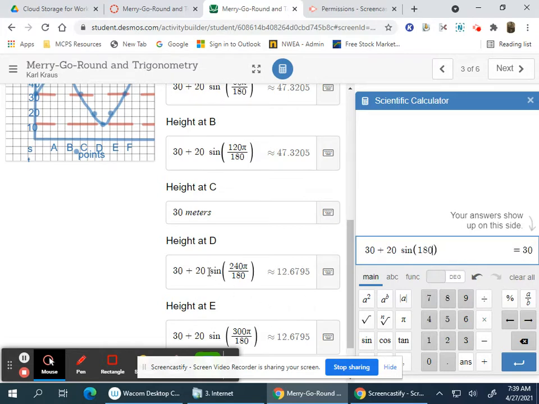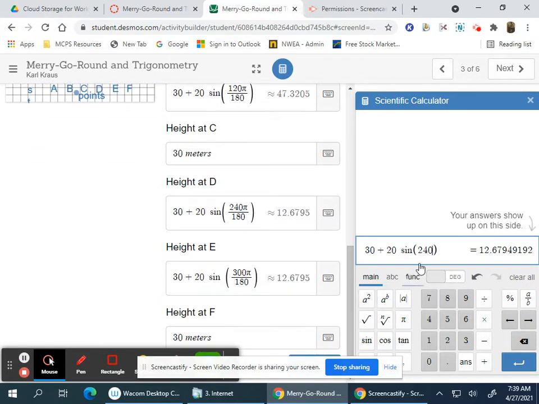is 30. And at D, it would be 60 more, which would be 240, which is 12, and then 300, 12 again, and then all the way around, 60. We'll be back at 30.